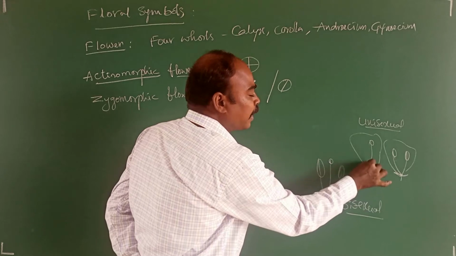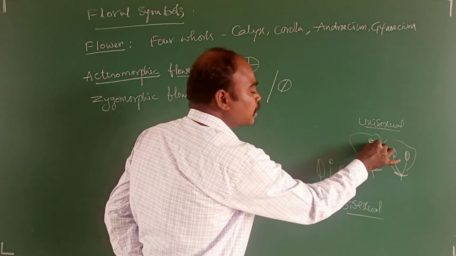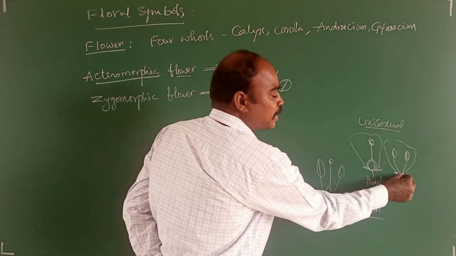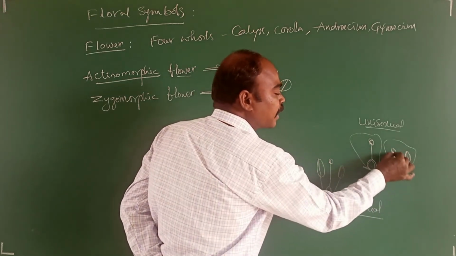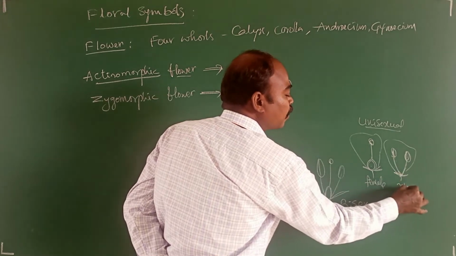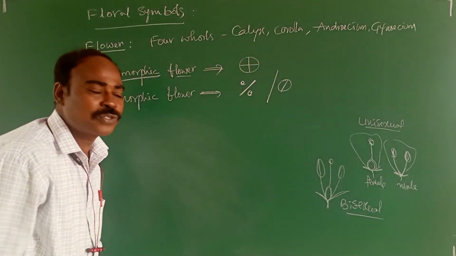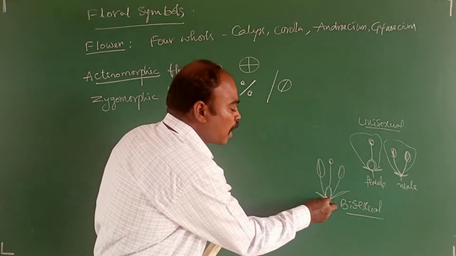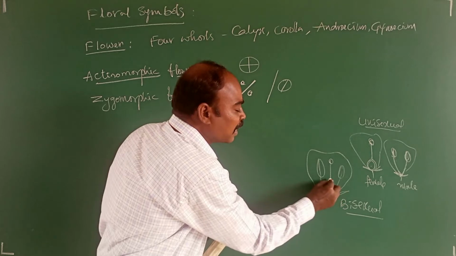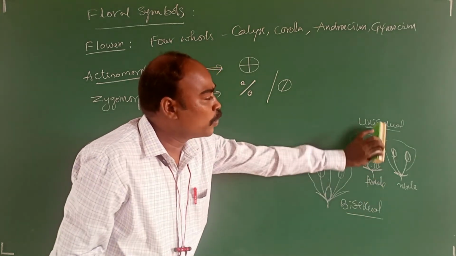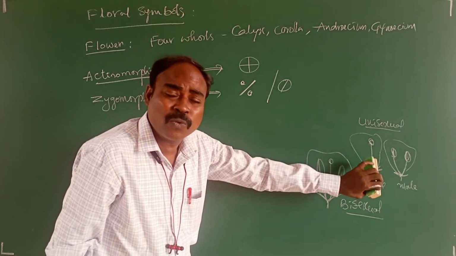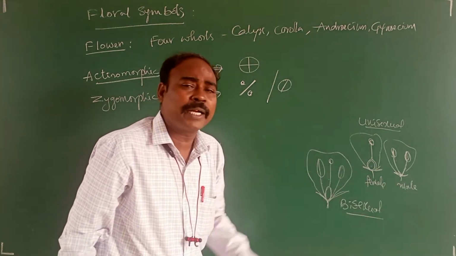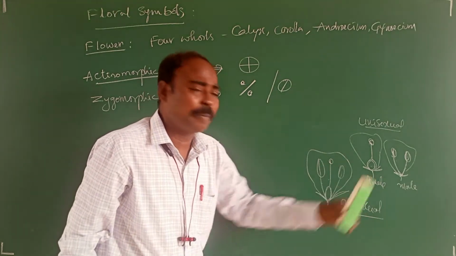Unisexual with only carpel or gynoecium is said to be a female flower. Unisexual with only androecium are called unisexual male flowers. So bisexual condition is a flower has both androecium and gynoecium. Unisexual condition, a flower has only gynoecium, it is called female. A flower has only androecium without gynoecium is said to be a male flower.